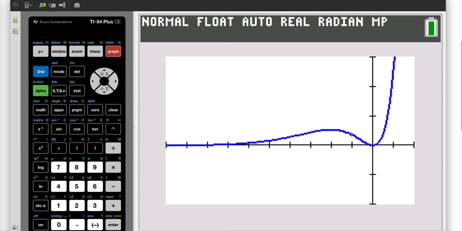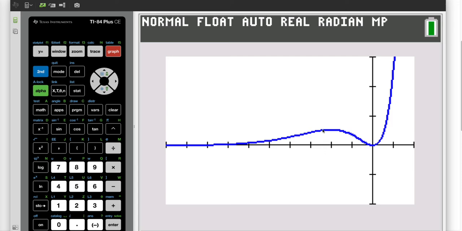One inflection point is right here-ish because it's curving downwards and then it curves upwards. And then there's going to be one right about here because this is curving upwards and this is curving downwards. It looks like a nice smooth curve because it is, but this is curving upwards and then it curves downwards.